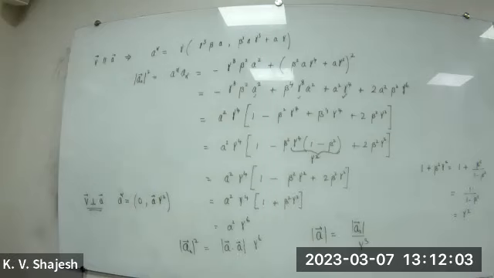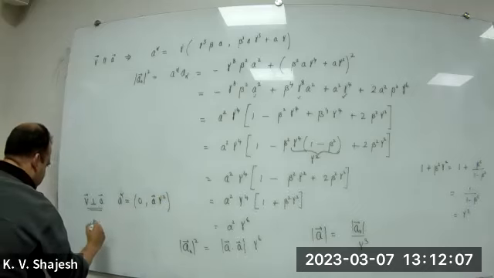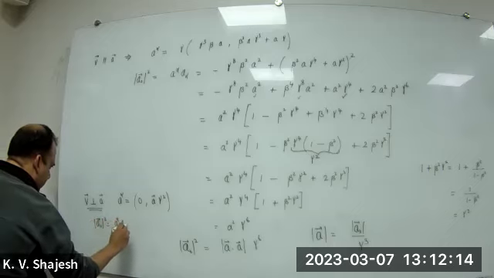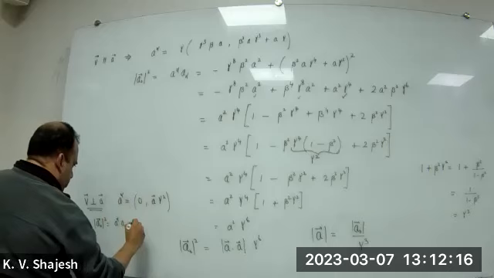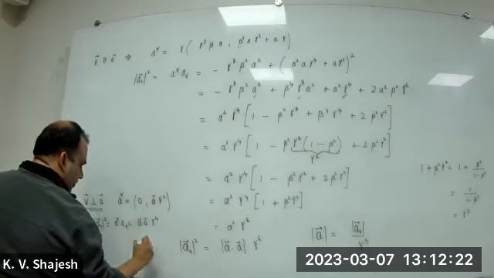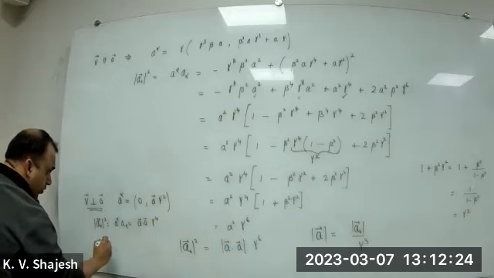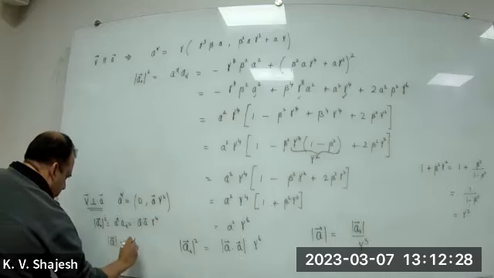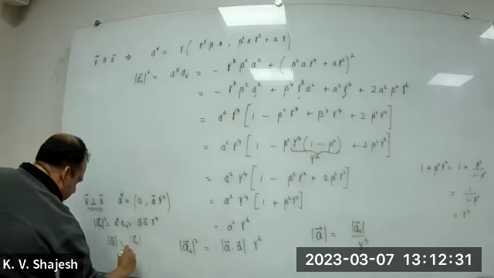And then you have an easier idea that a naught square is equal to a divided with A times gamma raised to 4. So magnitude of A is equal to the magnitude of A in the rest frame over gamma squared.